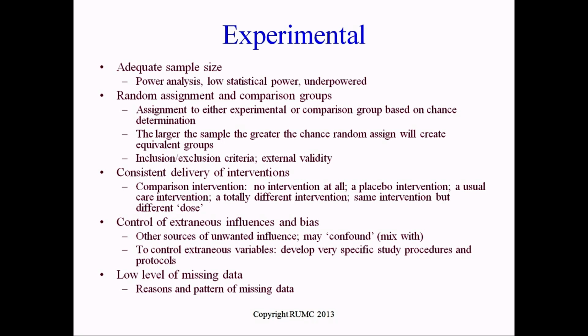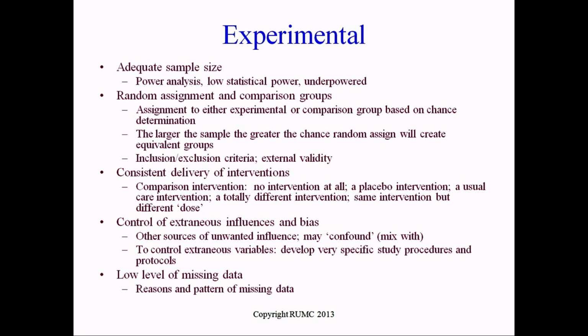Also, in experimental design, you have randomization. So this involves having subjects or participants assigned to either experimental or comparison group. And this is often done based on a chance determination.